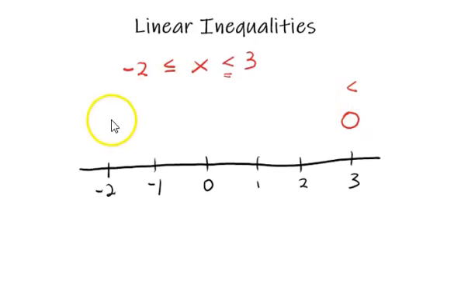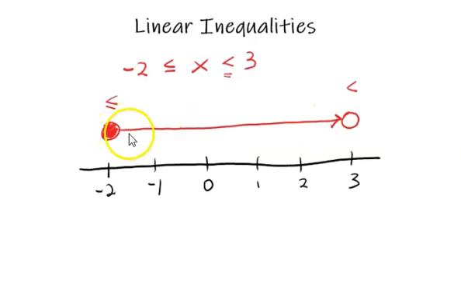Then we put another circle and shade it because you have the more than or equals to sign. Then we draw a straight line here with the arrow. This is showing the number line for this range.